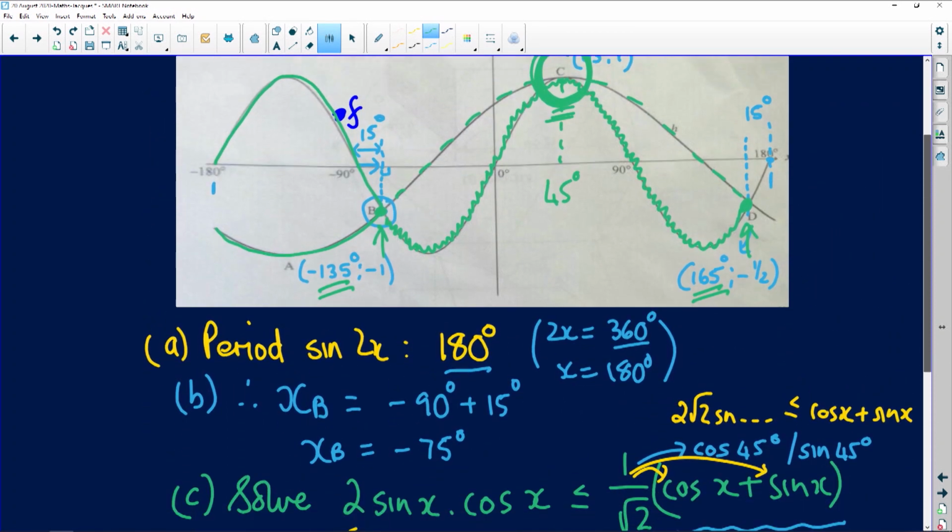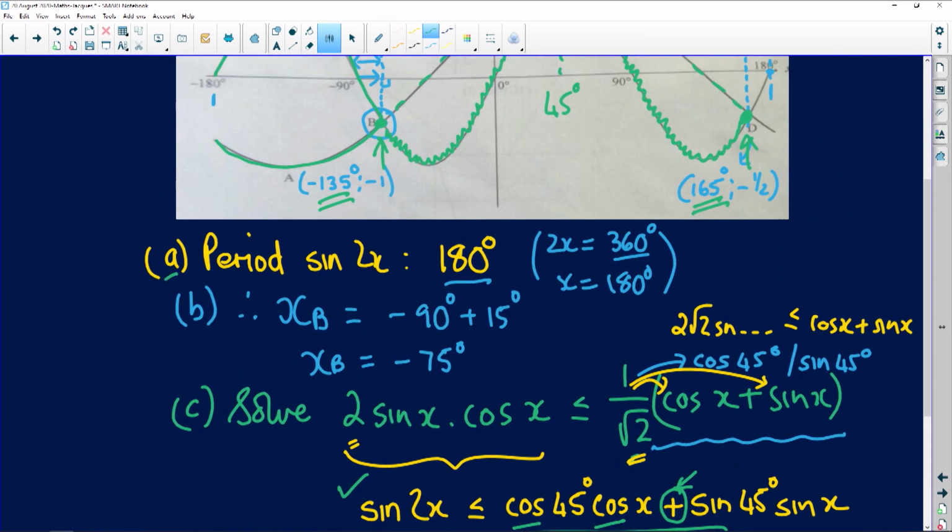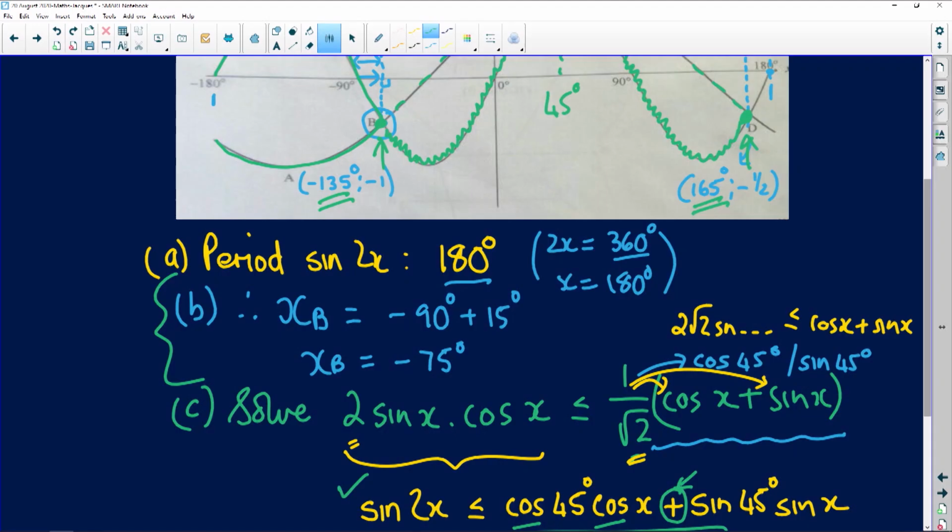Folks, you would have wasted an enormous amount of time with question B if you wanted to solve the two equations. If you wanted to say that the sine of 2x is equal to the cosine of 45 minus x, there's nothing wrong with that. You can do it, but not for 1 mark. You need that time to spend on your geometry.